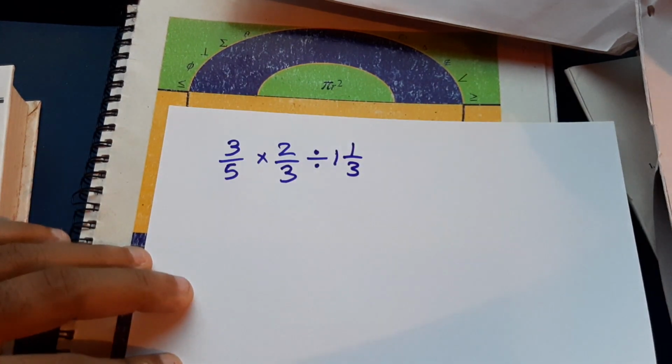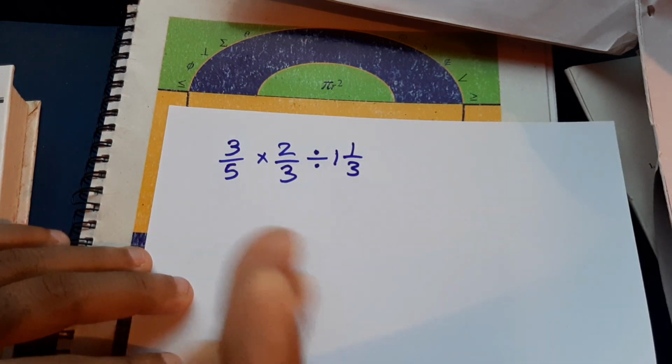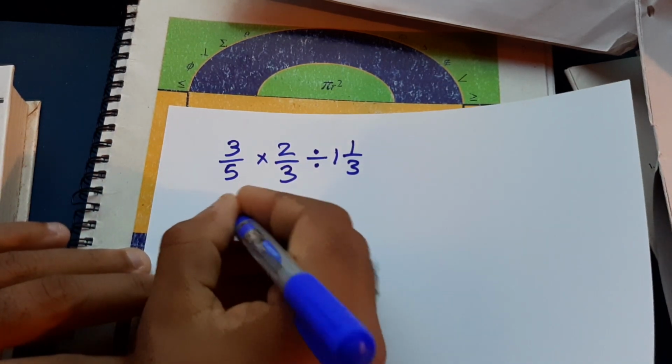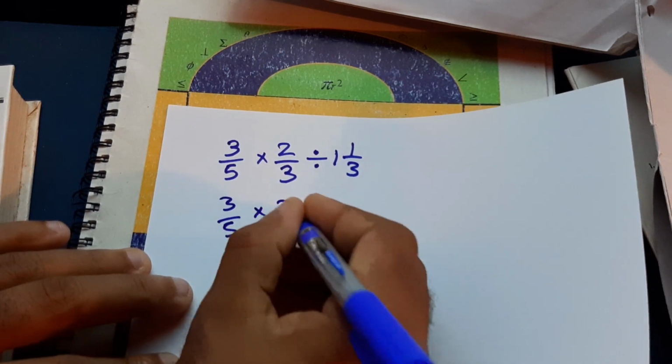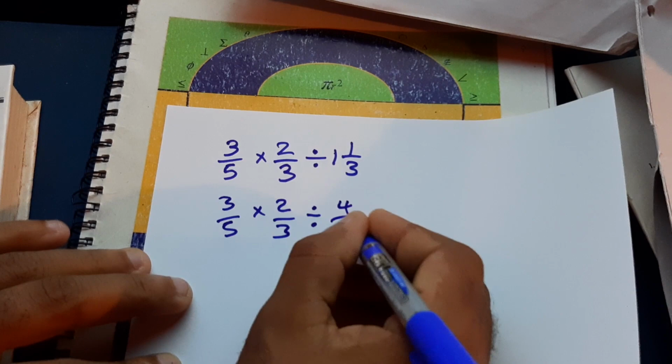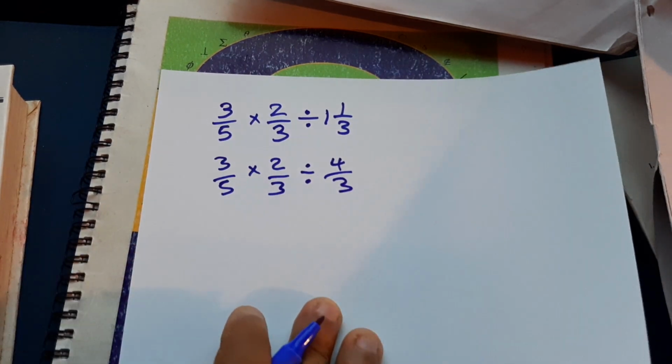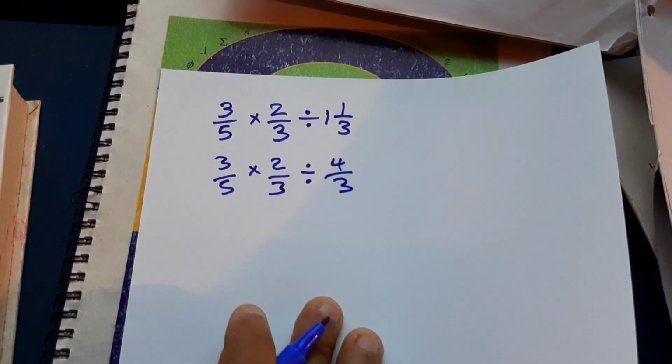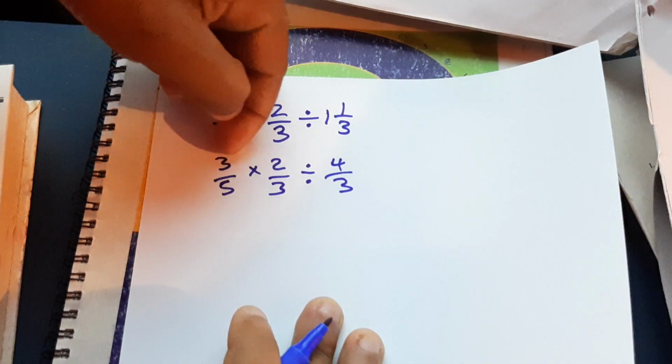So the first thing we need to do is change everything to improper fractions. So I'm going to rewrite 3 over 5 multiplied by 2 over 3 divided by 3 plus 1, 4 over 3.